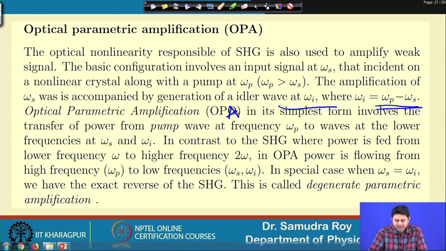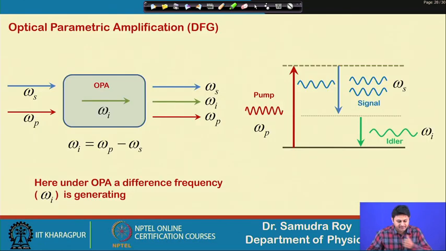So, now we will remove this degeneracy and try to understand what happens in general if omega s and omega I are not the same, that means a non-degenerate case. Okay. So, let us understand this process in a more systematic way.